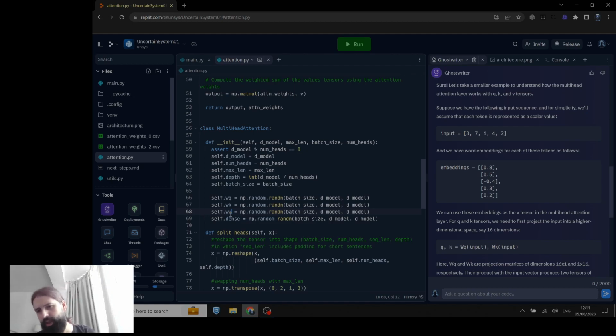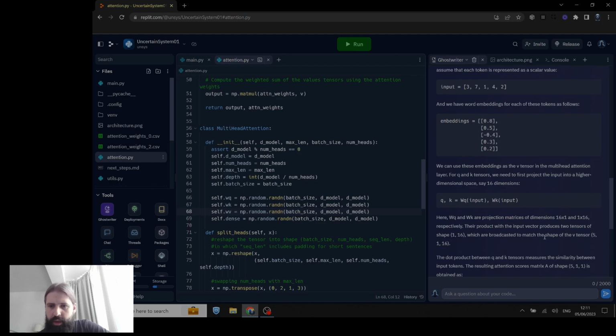For Q and K tensors, we need to first project the input into a higher-dimensional space, 16 dimensions. Here, W_Q and W_K are projection matrices of 16 by 1 and 1 by 16 respectively. The product with the input vector produces two tensors of shape 1 by 16, which are broadcasted to match the same shape of the V tensor.